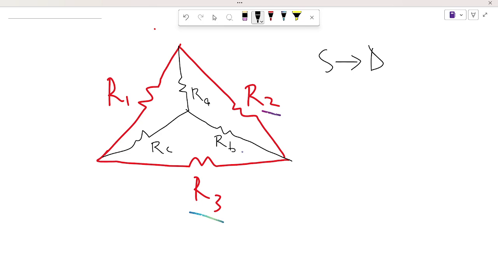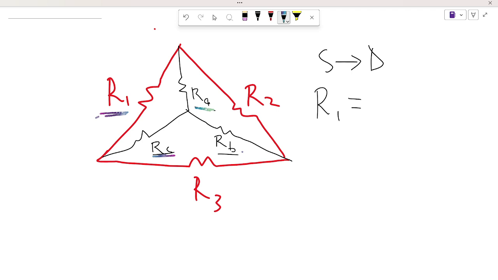Star to delta. As I said earlier, the ones represented by black are the star resistances, and we are going to convert them to delta instead. So here R1 expressed in terms of the star: once again, the ones adjacent to R1 are RA and RC.